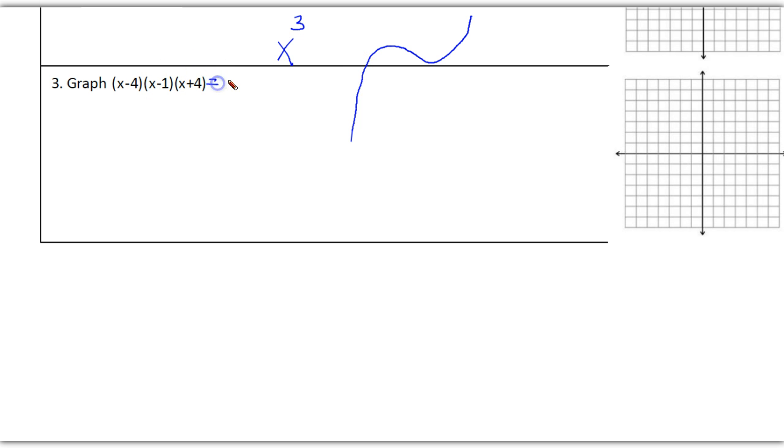Well, if we set this equal to 0, we're going to get our x-intercepts. So our x-intercepts would be at a positive 4, at a positive 1, and at a negative 4. So let's sketch those in. 1, 2, 3, 4. It's going to cross the x-axis there, and then at 1, and then at 4.